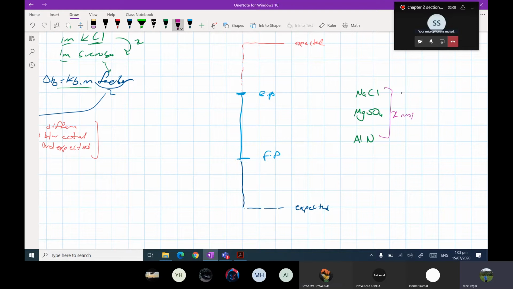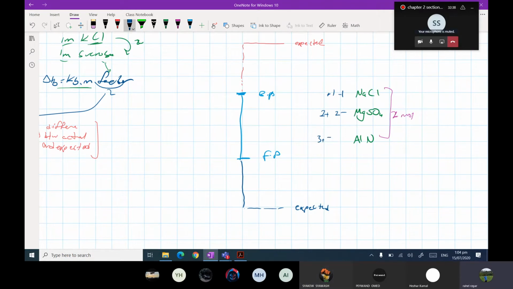NaCl is +1, -1, or 1 plus, 1 minus. MgSO4 is 2 plus, 2 minus. All of them are the same mole.